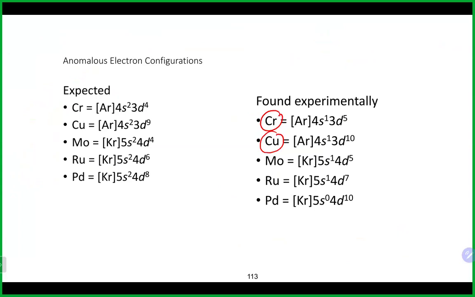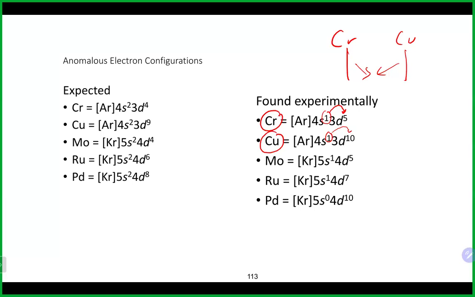The exception has been found to be more stable with 1 extra electron up in the d orbital and 1 less electron in the s. Copper is the same deal: it has 1 more electron up in the d and 1 less in the s. If you go on the periodic table below chromium and copper, there are a lot of very similar exceptions, but for the other ones, you can write like normal, though be aware there are definitely some exceptions in that area.